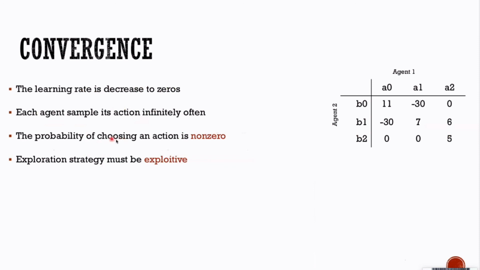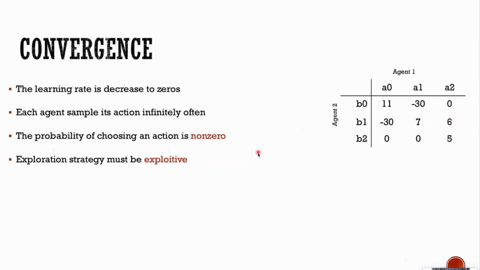The third one is that the probability of choosing an action must be non-zero, which means that at some point you have to give the other actions some chance to be picked. If agent one always chooses action two with 100%, then there's no way to get into this position, and so on.